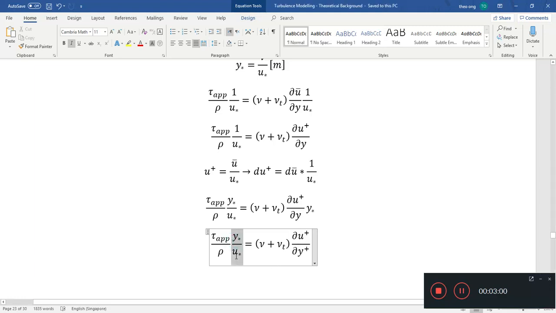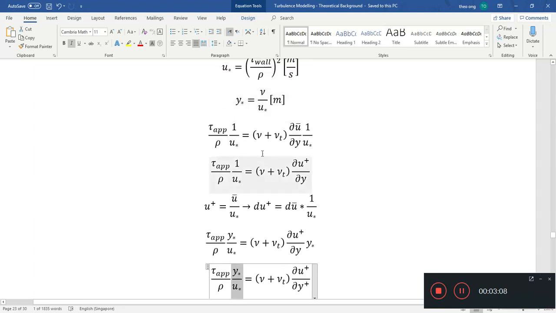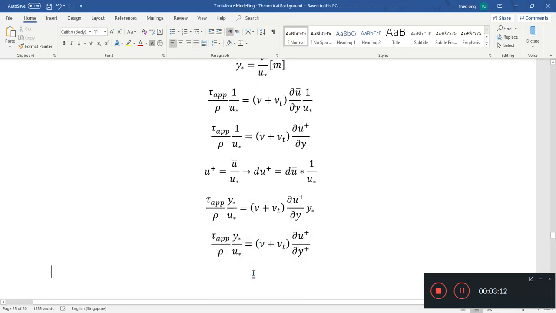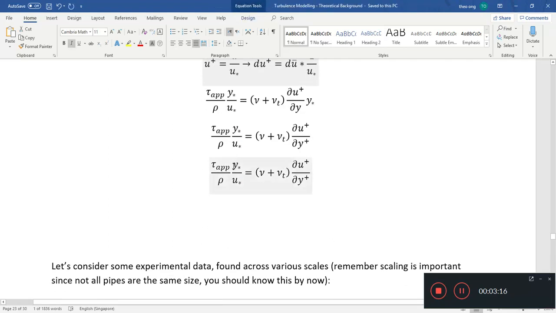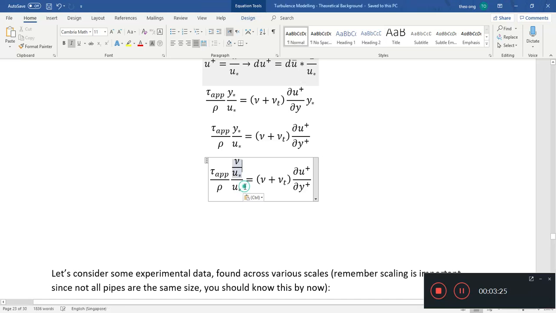So what we have left on this side is Y star over U star. And what is Y star? Y star is just nu over U star. So we can just copy that down. So nu over U star. Okay, there we go.